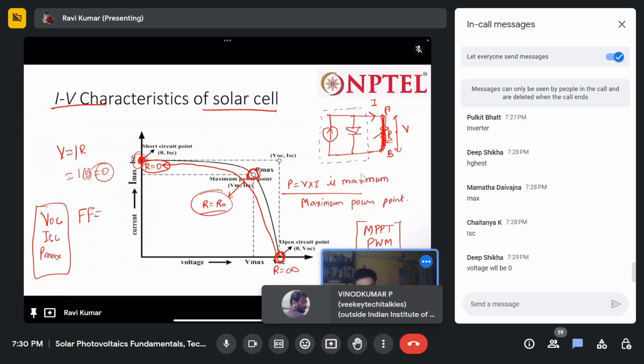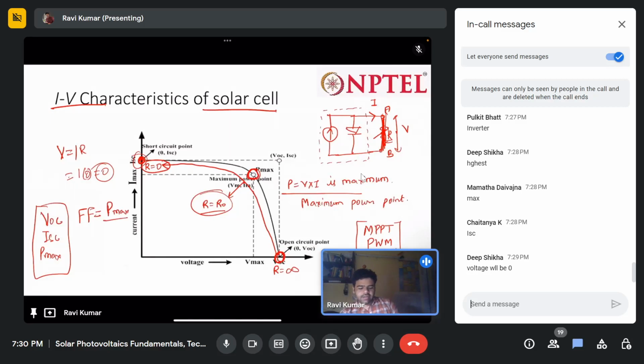Fill factor is defined as Pmax divided by ISC into VOC. So the more the power, the more the fill factor will be.